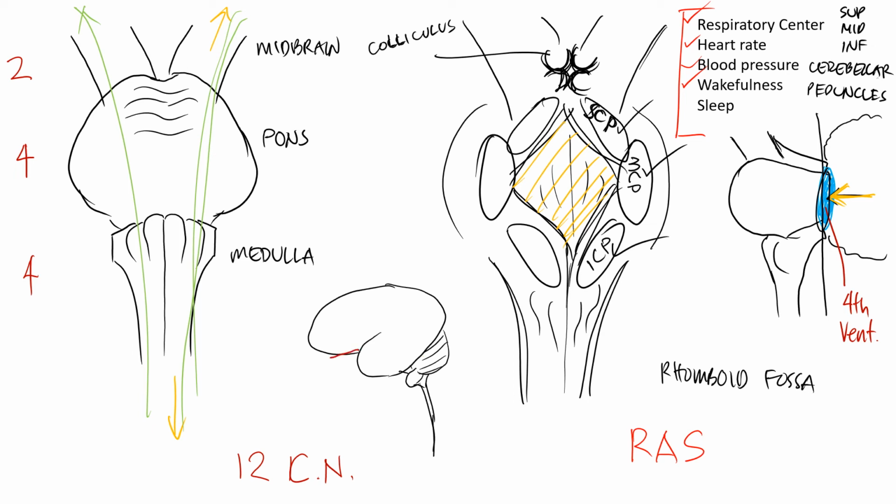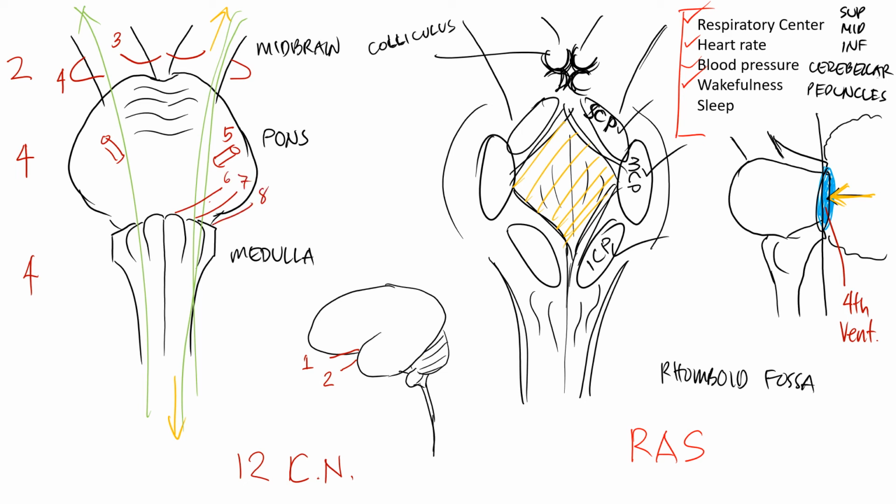Basically, here, olfactory bulb, cranial nerve 1, optic nerve, cranial nerve 2, oculomotor, cranial nerve 3, trochlear nerve, cranial nerve 4, a very big nerve here, cranial nerve 5, and then between your pons and your medulla, you have your 6, 7, and 8.